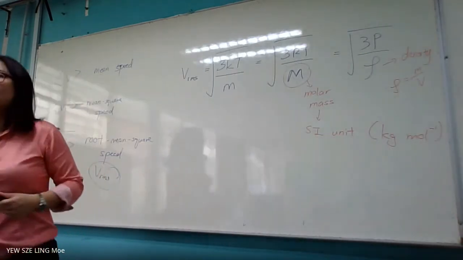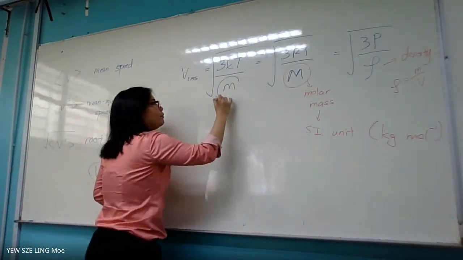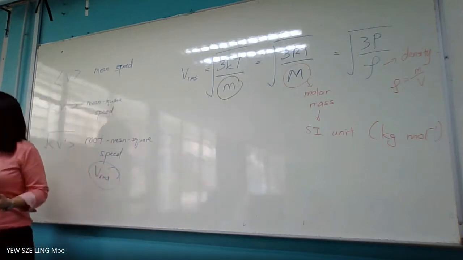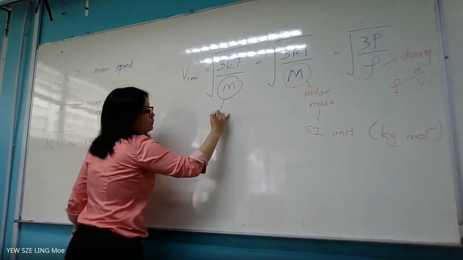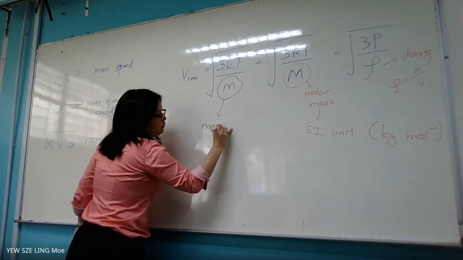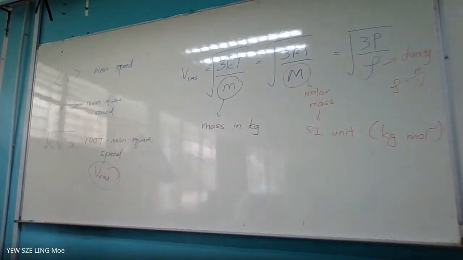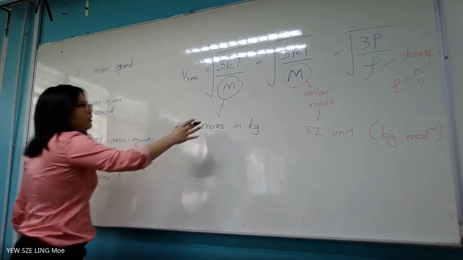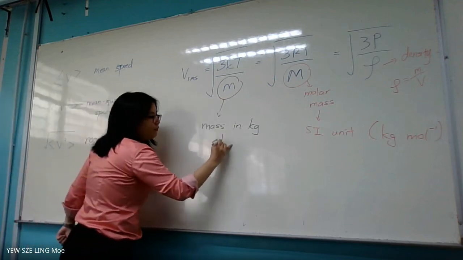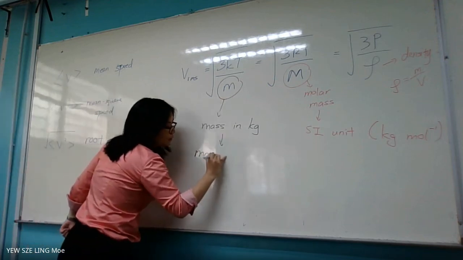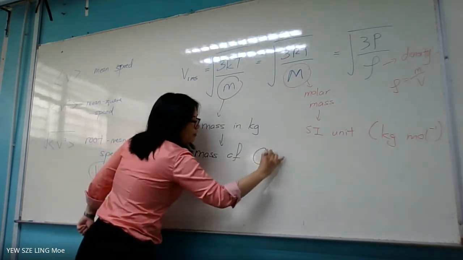Now the thing that I want you to be careful about is the small letter m. We know it means a mass, the mass in kg. But the mass of what? The mass of all of the gas, the total mass, or the mass of a single particle? This m actually refers to the mass of one molecule.